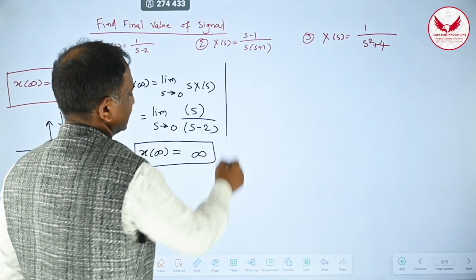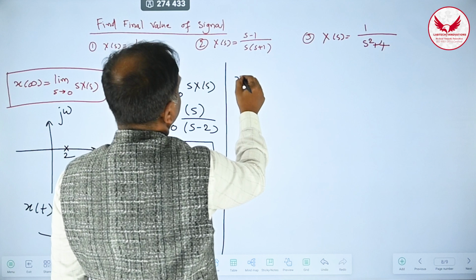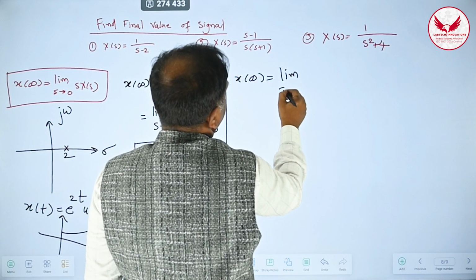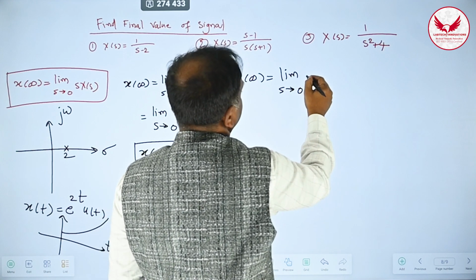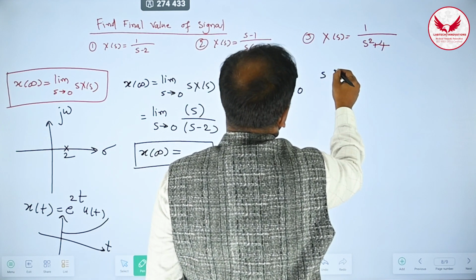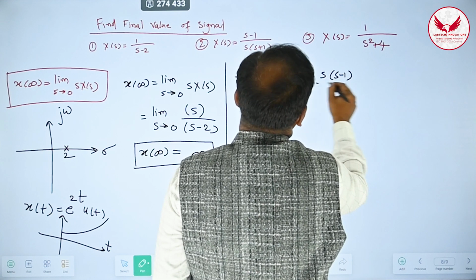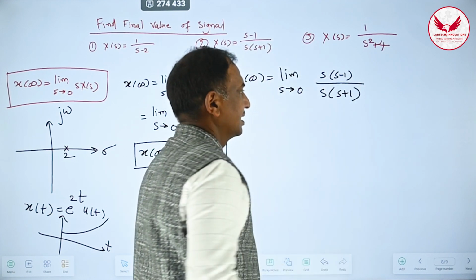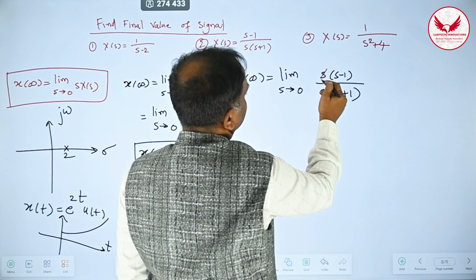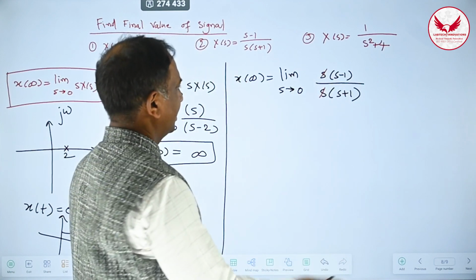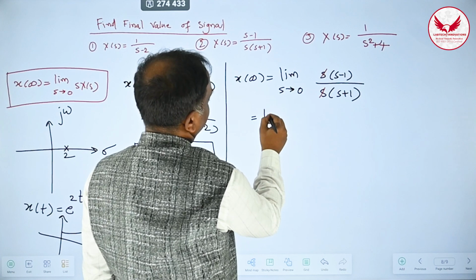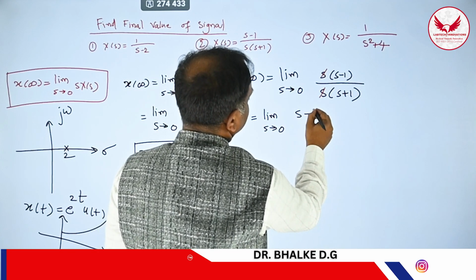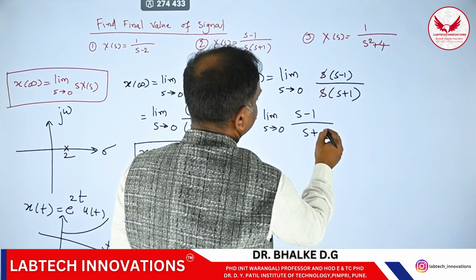The same we will do for the next signal. Again x of infinity is equal to limit s tends to 0 s into x of s, that is s into (s minus 1) divided by s into (s plus 1). Here you can cancel both the s in the numerator and the denominator, and you will get limit s tends to 0 (s minus 1) upon (s plus 1).